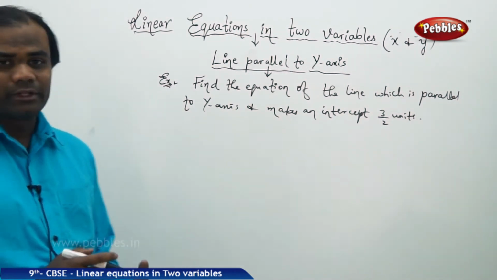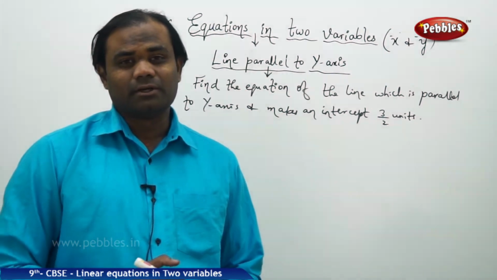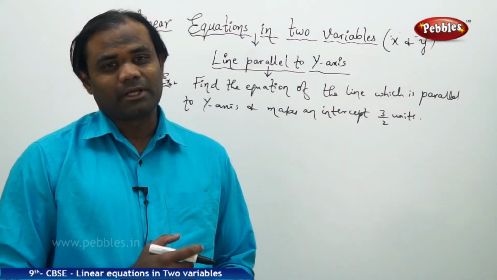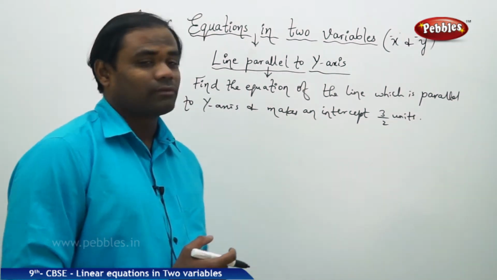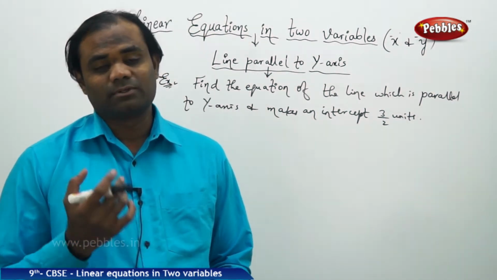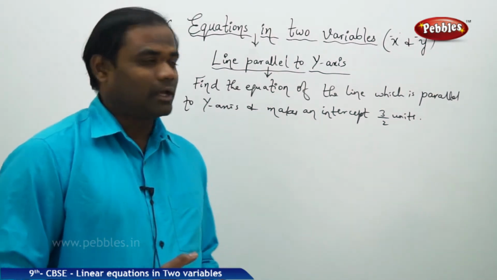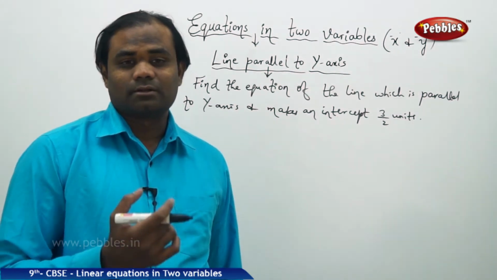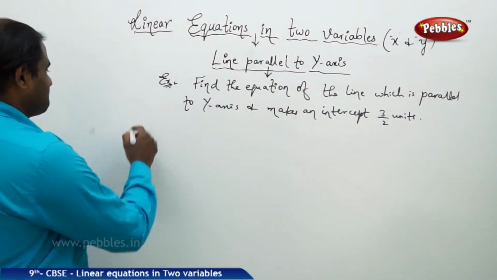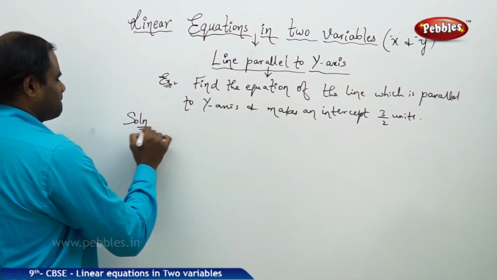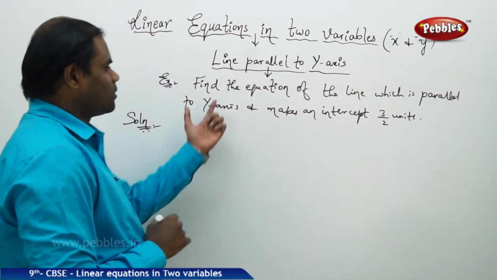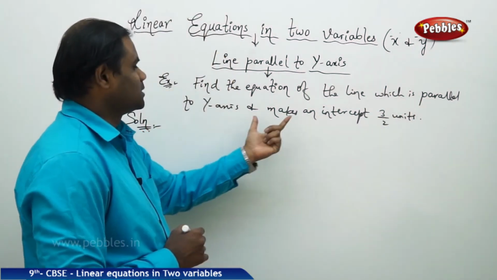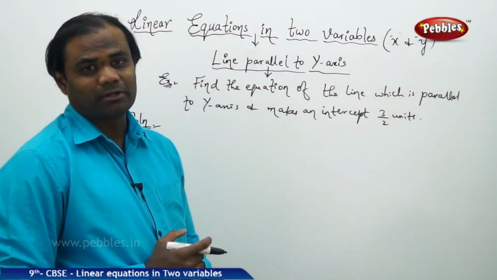So here I have a question with its respective information, which I'm going to convert into the Cartesian plane. And through the Cartesian plane, I can find the equation of line accordingly through the respective formula. So let's see how I can display the information as given in the question into the Cartesian plane. The question is about finding the equation of the line with the condition that it is parallel to y-axis and makes an intercept 3/2 units.